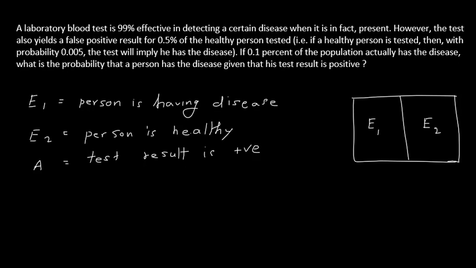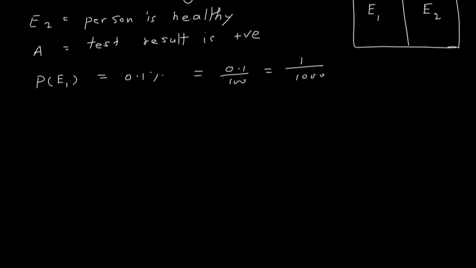Now the possibility of a person having the disease is 0.1%. Now 0.1% means 0.1 divided by 100, this is 1 divided by 1000. This is the possibility of E1.